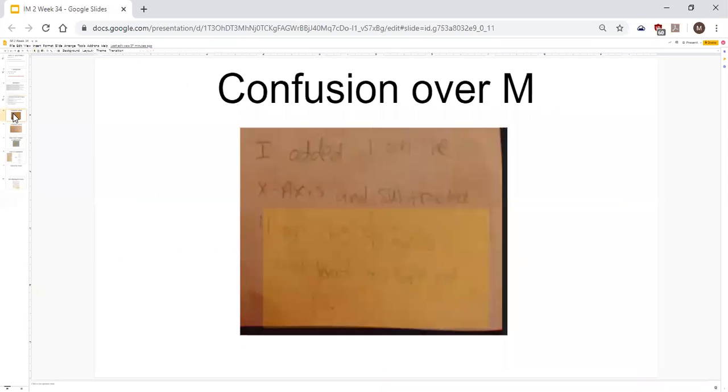So next up, this is where I need some audience participation. Confusion over M. This student wrote, I added 1 on the x-axis and subtracted 4 on the y-axis and had a slope of 10.